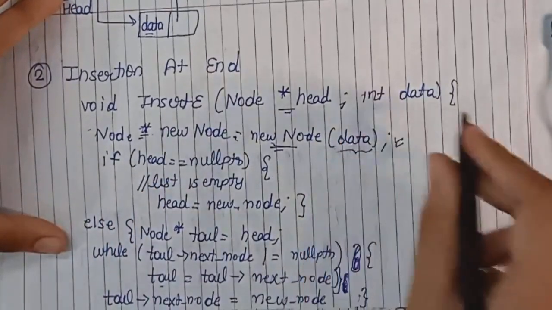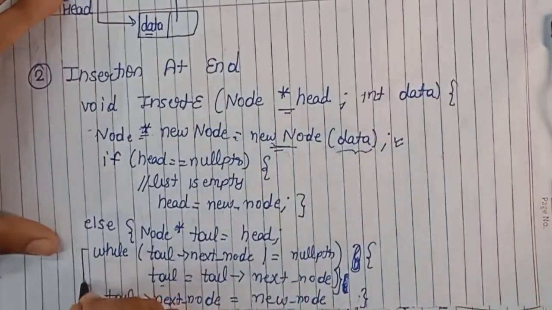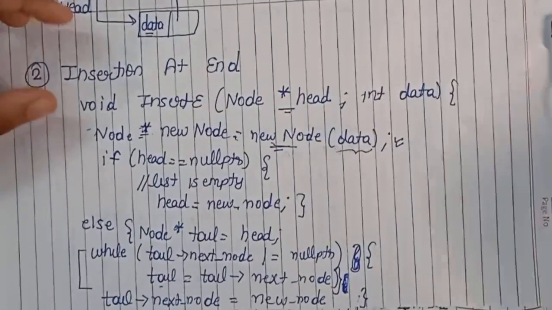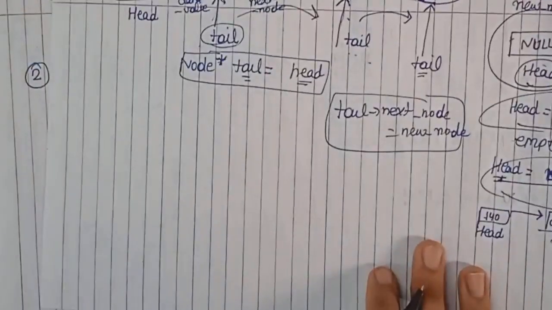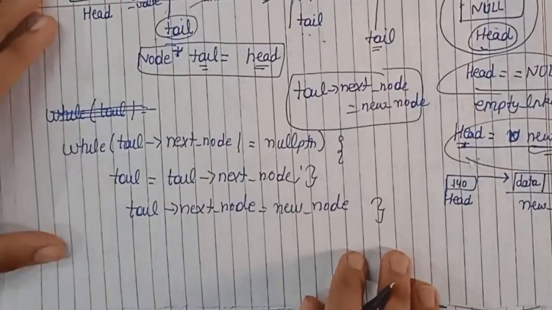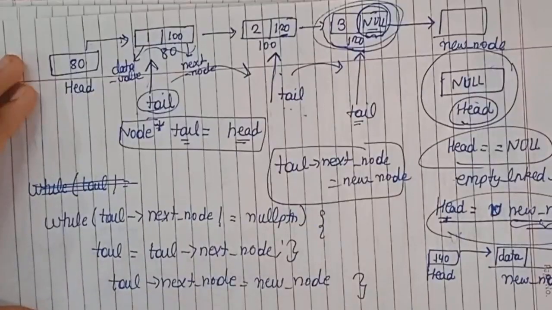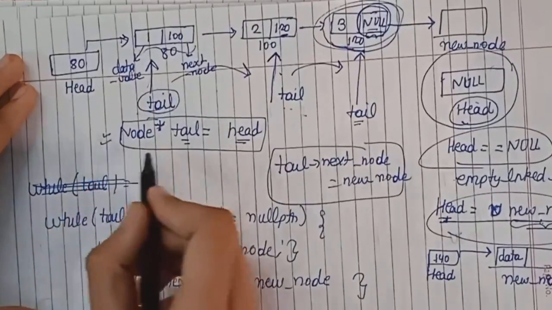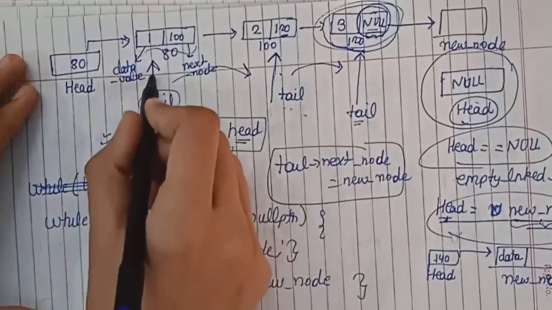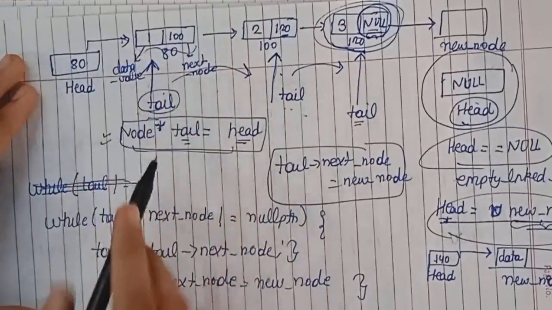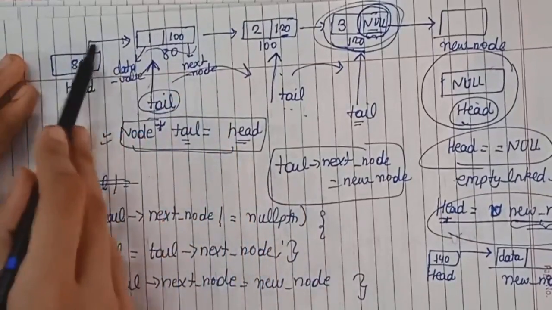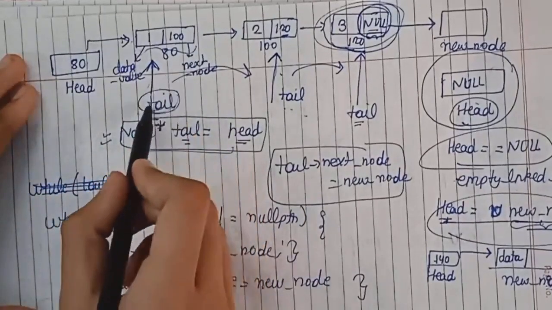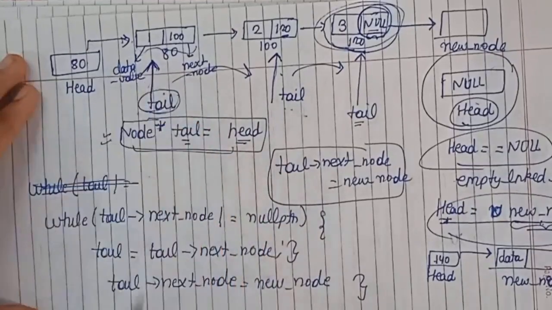So I hope that this is clear to you. Let me just explain this loop again. As we have seen earlier, we have created our tail pointer using this code line, and it started pointing to the point where head was pointing, that is the first element.